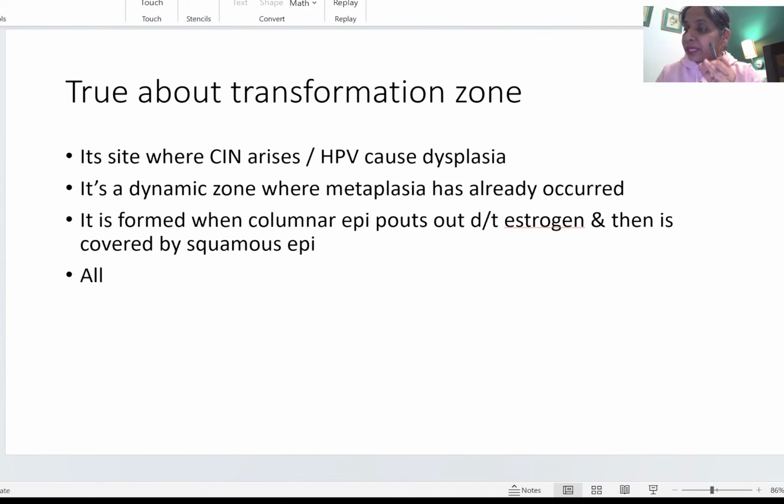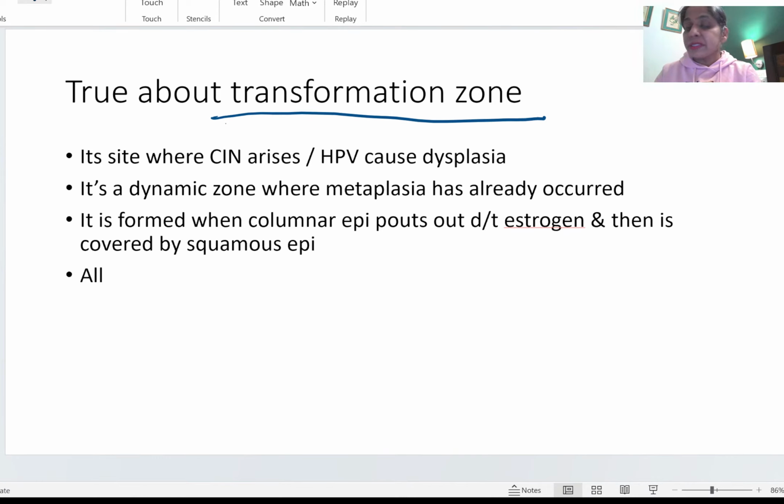Now when this zone gets infected with HPV from the male partner during intercourse, then that zone, the transformation zone, is the site of CA cervix. Okay, so this is the question, what is transformation zone? Each and every line of CA cervix is very important.